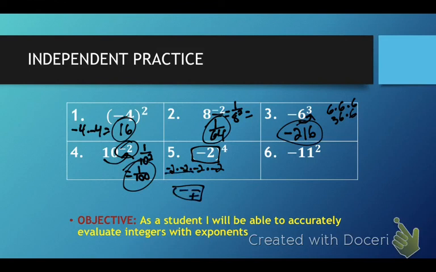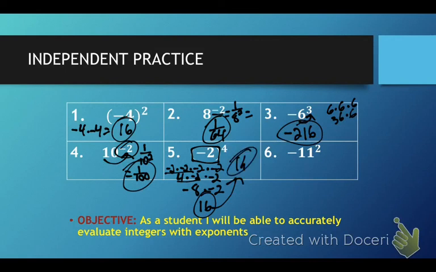Negative 2 times negative 2 is a positive 4. 4 times negative 2 is going to be, a positive times a negative is a negative, that's negative 8 times negative 2. Negative times a negative is a positive, which means positive 16. Your answer should be 16.